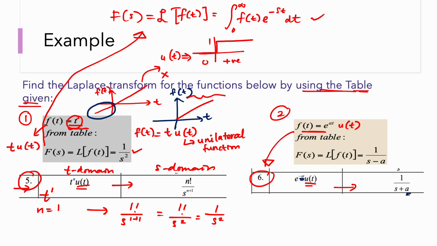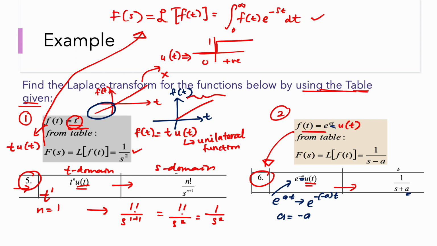All right, so now let's make a comparison. We have e^(at), but the equation given to us is exponential negative at. So we know that the value of a in the table is actually equal to negative a, whereby e^(-at) gives us the positive value of this.